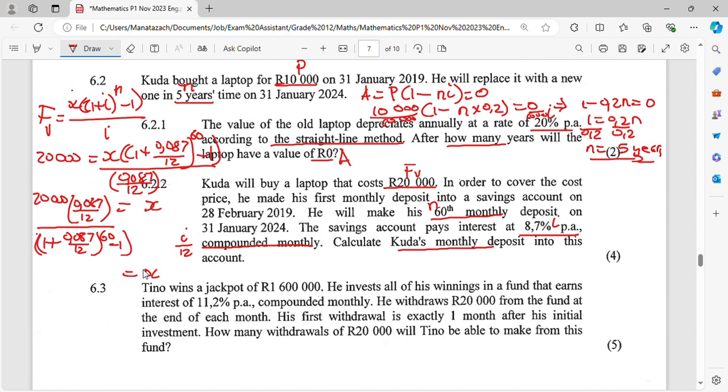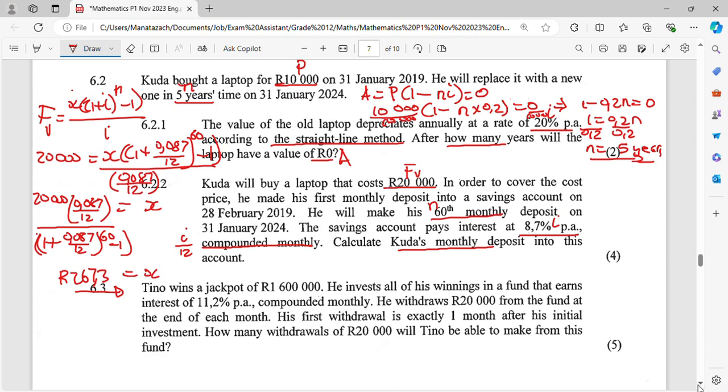Then that's dividing 20,000 on top times 0.087, which is divided by 12. So this gives me X is equal to 267.3 rands. So these are the monthly deposits into the account in order to achieve the future value of 20,000 rands. I hope that was clear.